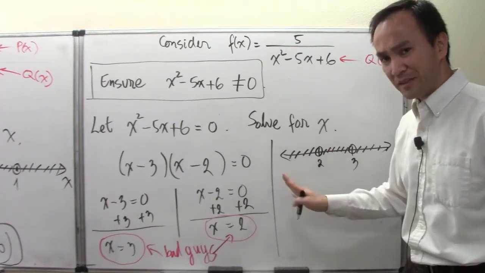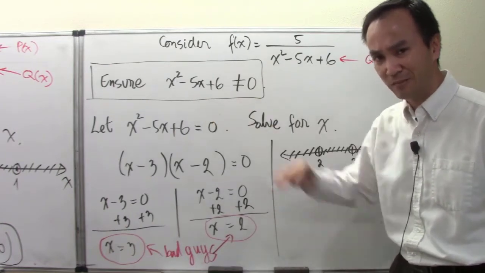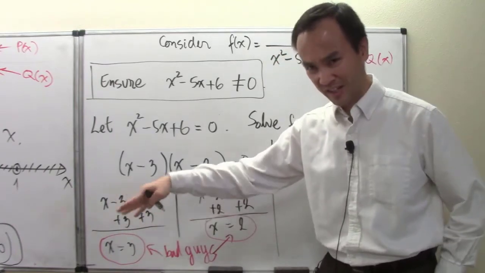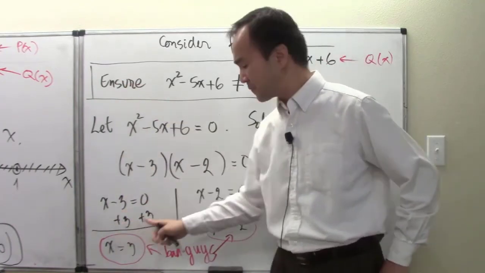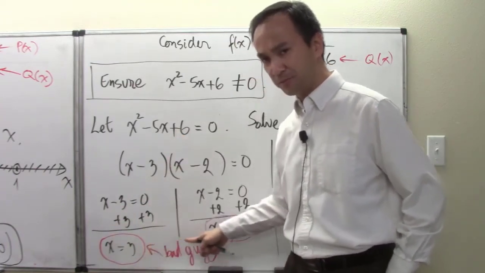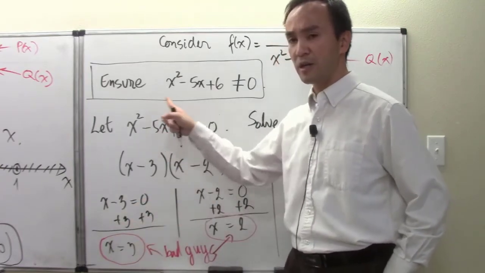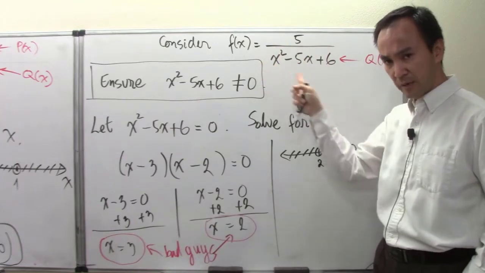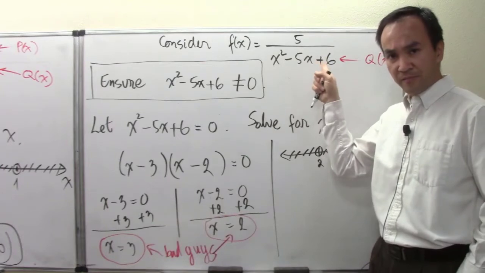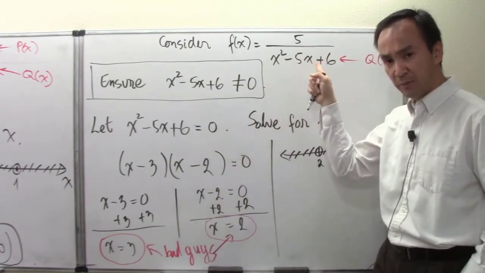And now in familiar terms that we have already learned from our polynomial lectures, we call these bad guys that because they are bad for our denominator, but in the end, as the solutions of this equation right here, these are the zeros of the denominator polynomial, because these values cause our denominator to equal 0.